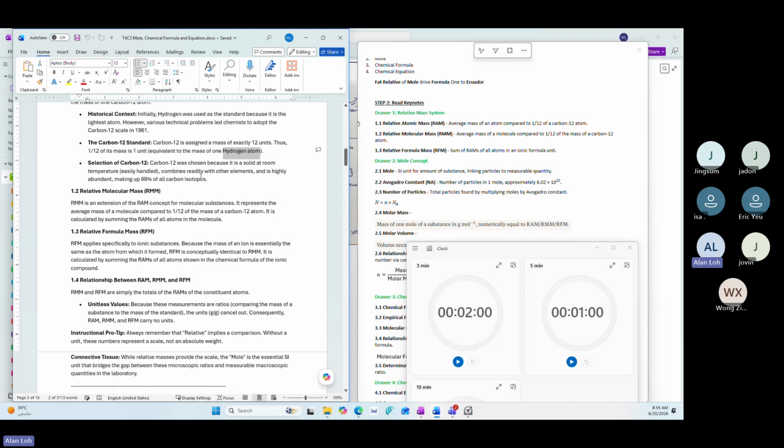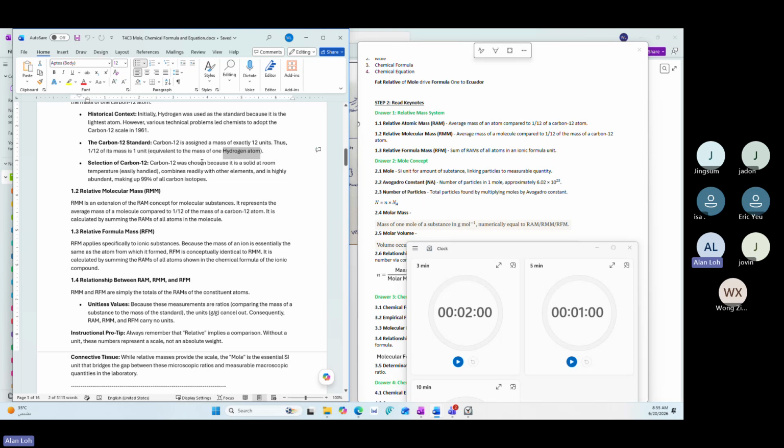Or maybe another atom, let's say oxygen atom is, I'm just giving a number, 20 times heavier than hydrogen atom, right? So that is the relative atomic mass relative to hydrogen. But now they are using carbon as the base, no longer hydrogen, because hydrogen is a gas at room temperature, so it's hard to handle.